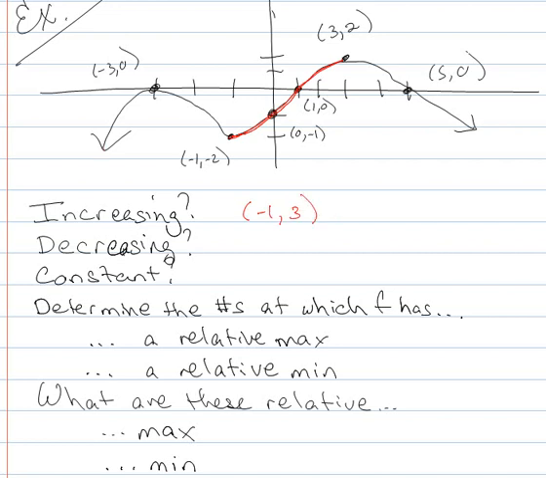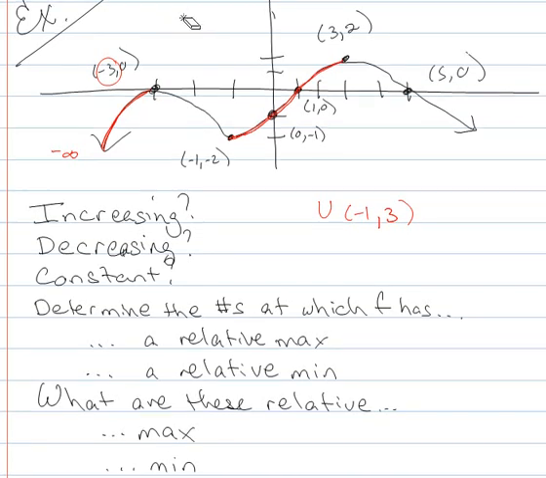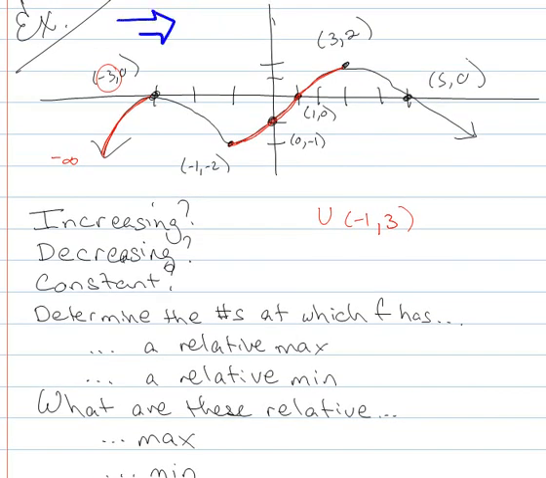And we're also increasing over here, from -infinity to -3. Remember, we're going from left to right.